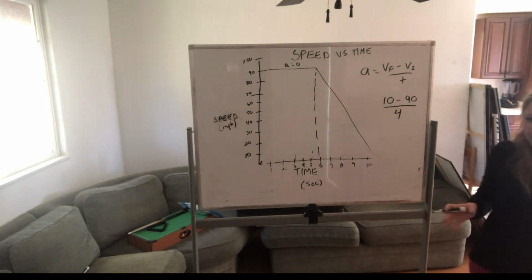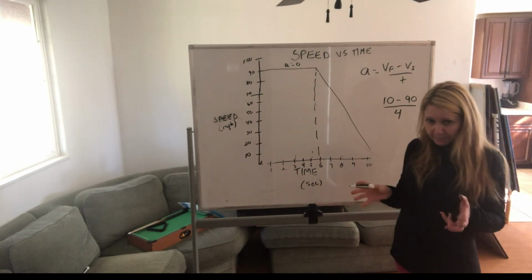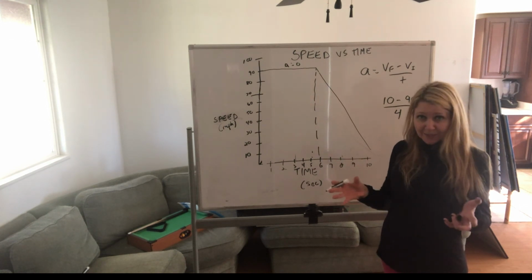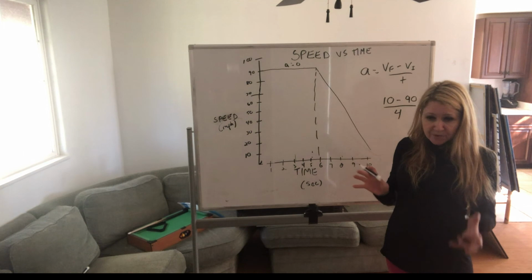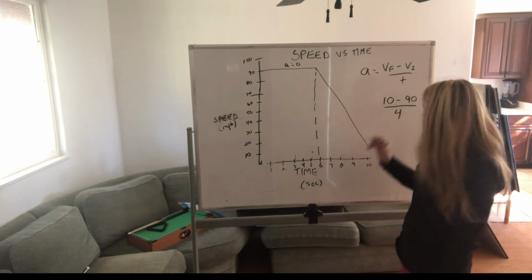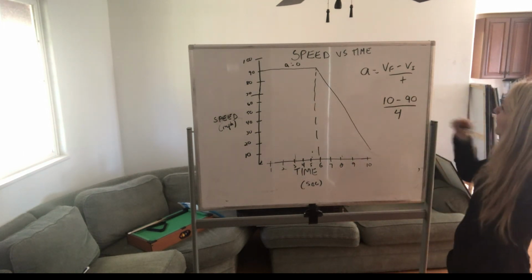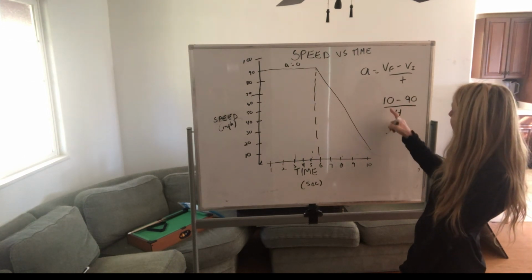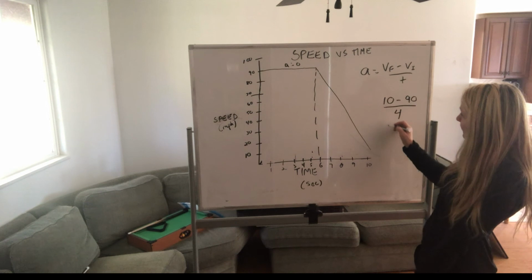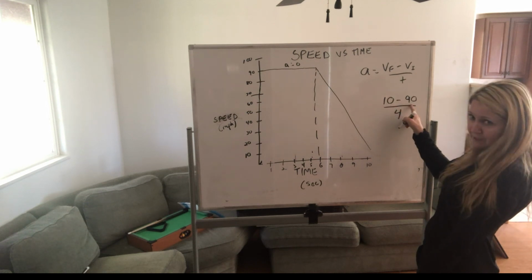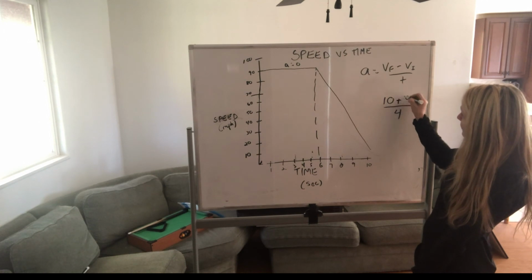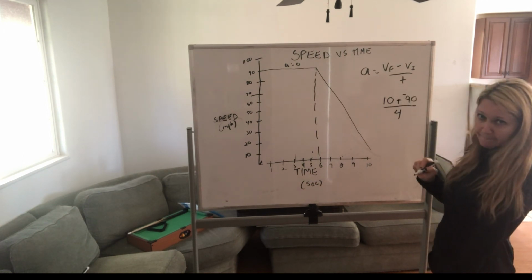Now, acceleration can't be a negative number. If we're looking at negative, it's just deceleration. It means it's slowing down at that rate. So if we were to figure this out, 10 minus 90 is the same as 10 plus negative 90.